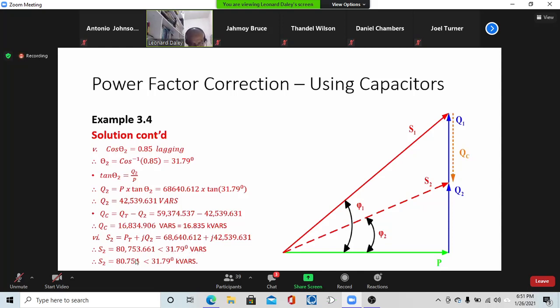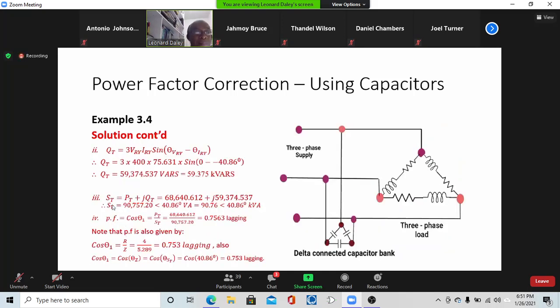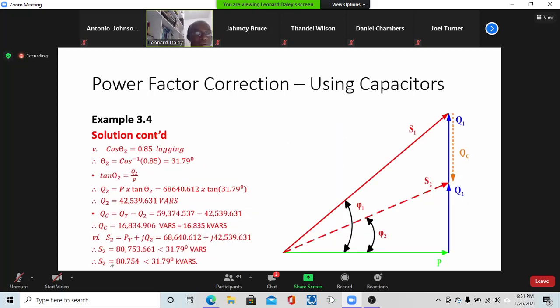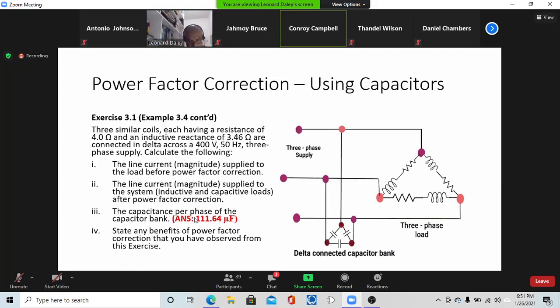So the new apparent power is 80.754 kVA. So adding the capacitors has reduced my apparent power demand from 90.76 to 80.754, and it has improved my power factor from 0.75 to 0.85. All right. So this question is well involved, sir.